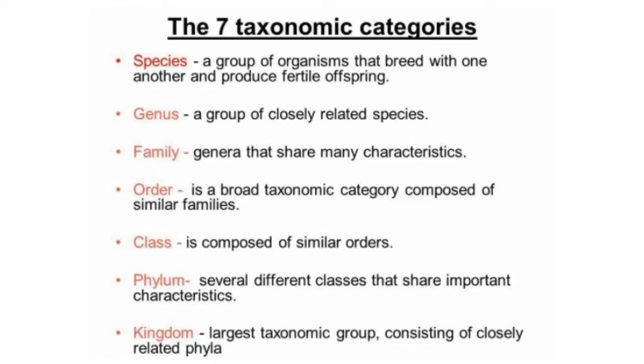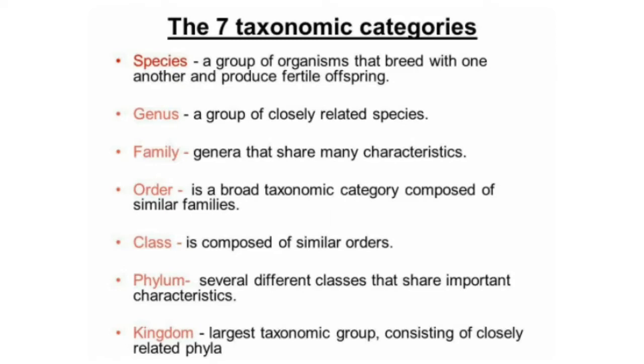The next is the family. The family has a group of related genera with still fewer similarities as compared to genus and species. Families are characterized on the basis of both vegetative and reproductive features of plant species. Yes or no? They have two categories: one is vegetative and one is reproductive features of plant species.